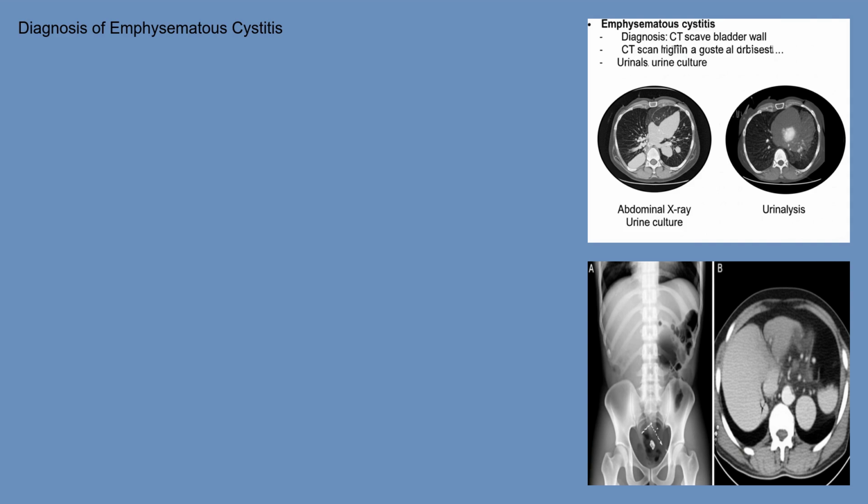However, the hallmark of emphysematous cystitis is the presence of gas within the bladder wall, which is best visualized with imaging. Abdominal X-rays can detect gas, but computed tomography, or CT scans, are the gold standard for diagnosis. CT scans provide detailed images of the bladder and surrounding tissues, allowing for accurate assessment of the extent and location of the gas. Ultrasound can also be used, but is less sensitive than CT scanning.